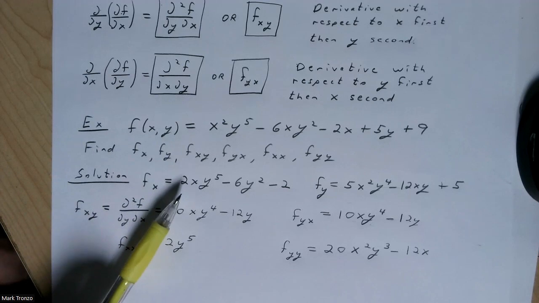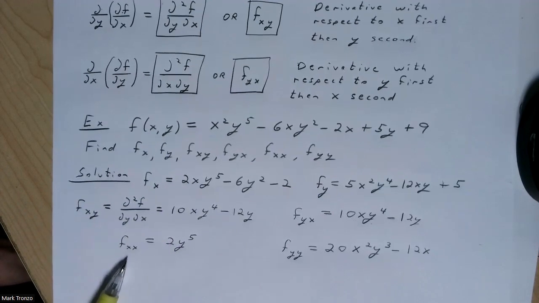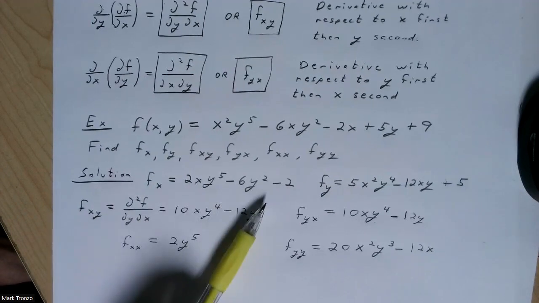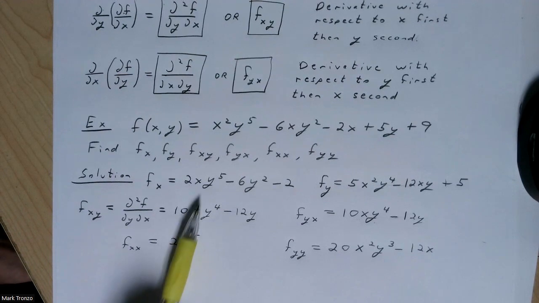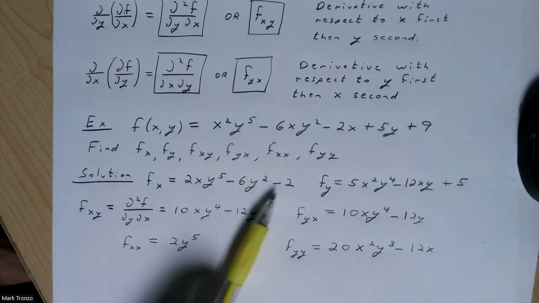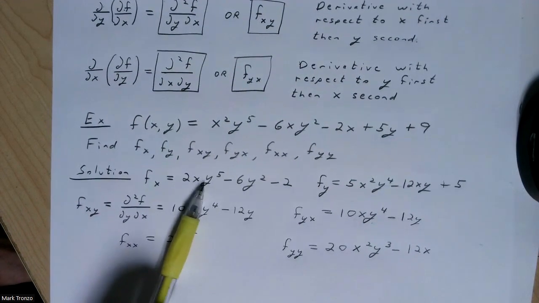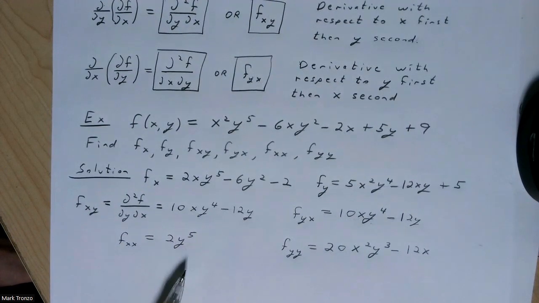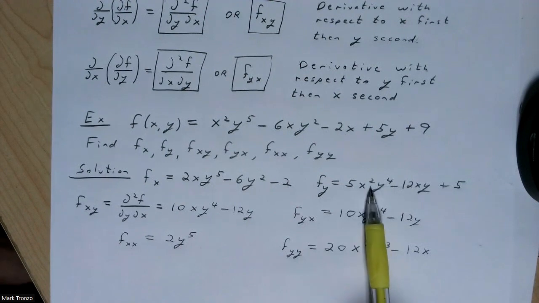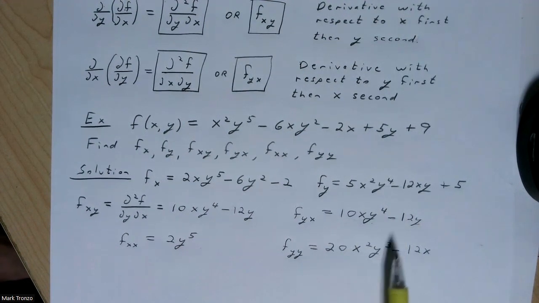So just double check everything. We took the derivative of this a second time. We did x first, then did it again. And notice these were both 0, and we just had 2xy to the fifth. Over here, we did another derivative with respect to y, 20x squared. We brought the 4 down, gave us y cubed minus 12, like that.